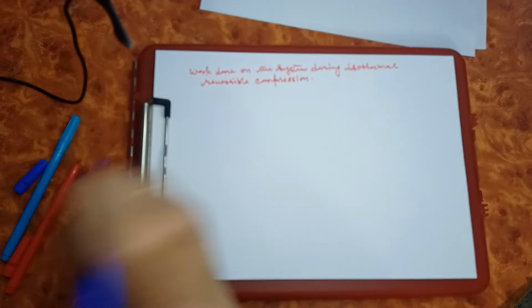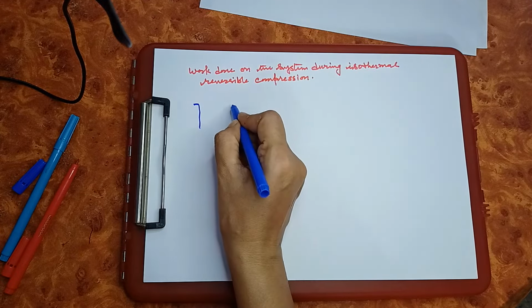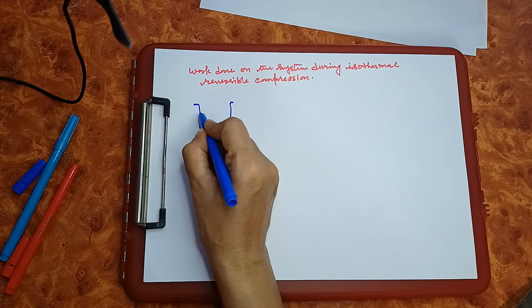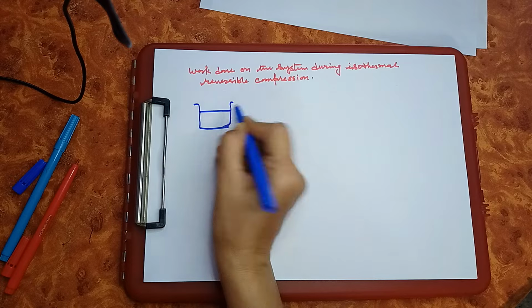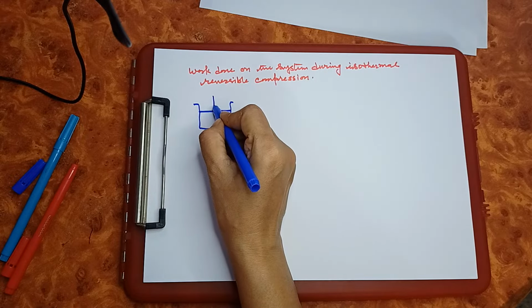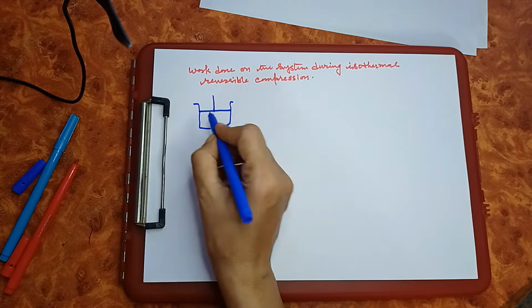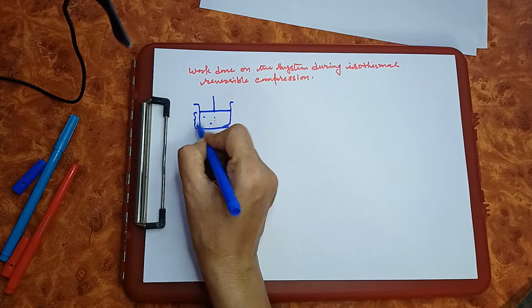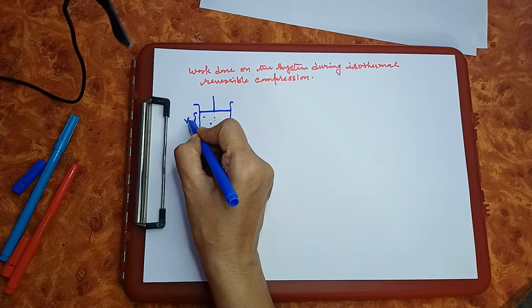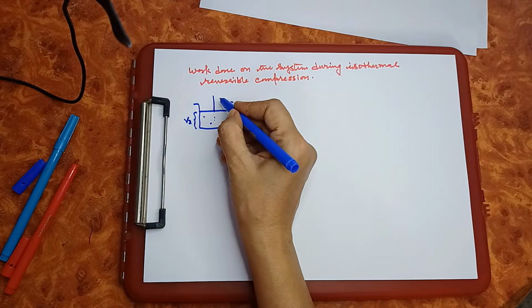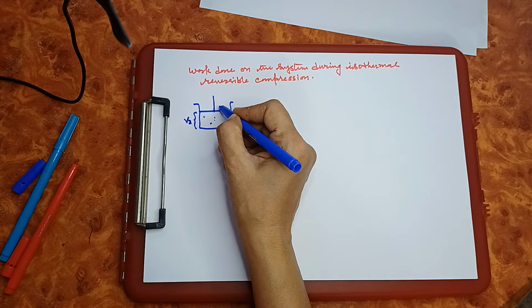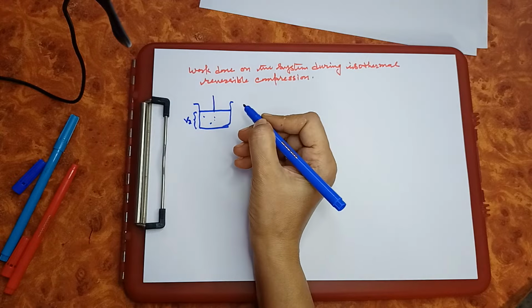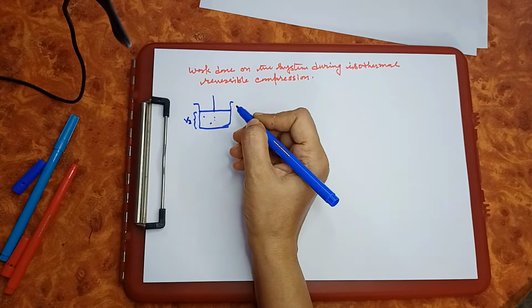Okay. Now once again let us consider this gaseous system enclosed in a cylinder which is attached with the weightless frictionless piston, and initially the volume of the gas, this much, is V2, and then the external pressure which is acting downwards on the gas is increased by a very infinitesimally small amount.